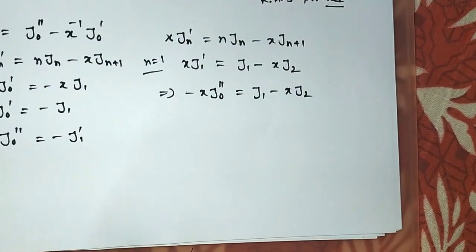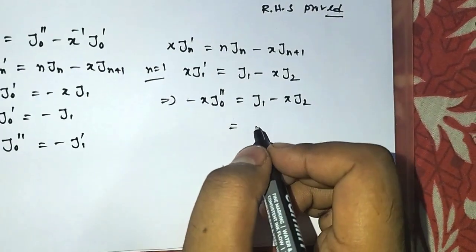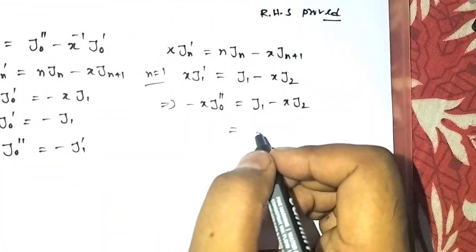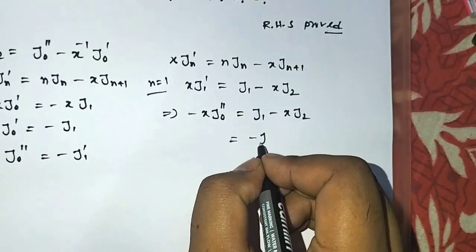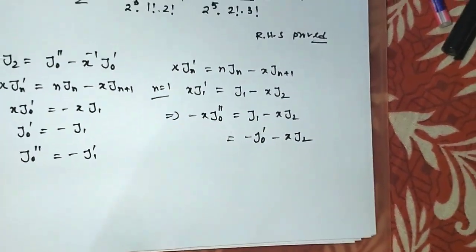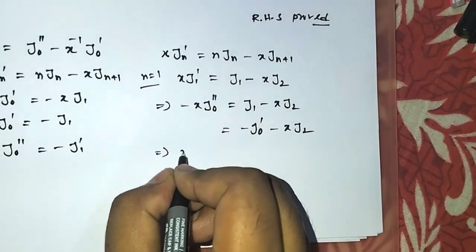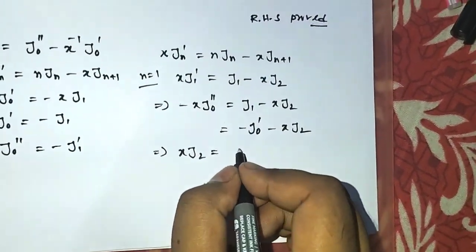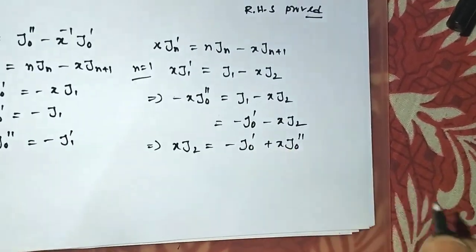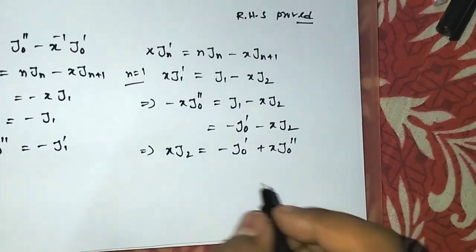Clear? Now you can again substitute the value J1 equal to minus J0', so minus J0' minus x J2. Clear? Now x J2 equals minus J0' plus x J0''.